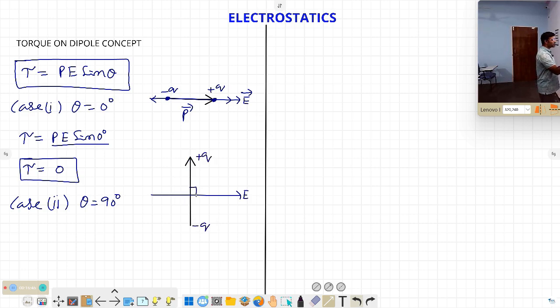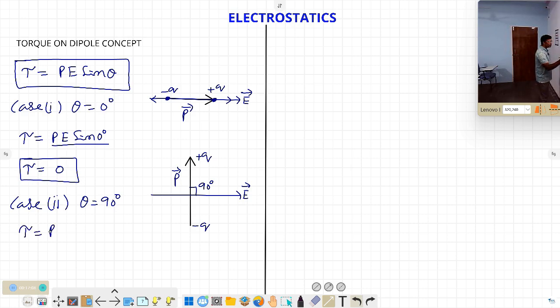So the angle between these two is equal to 90 degrees. That means this is the direction of the dipole moment, which is always from negative to positive. So the dipole moment and electric field are perpendicular to each other. In this case, there is a perpendicular distance between the two forces, so a torque will take place.